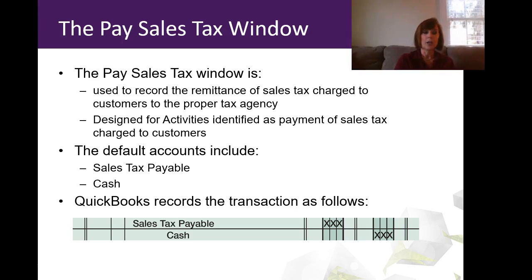And so the two accounts that are going to be impacted will be, of course, cash, credited to show the decrease in cash. Sales tax payable is debited to show the payment of the sales tax. And so these are the journal entries that QuickBooks is going to be making behind the scenes for us.